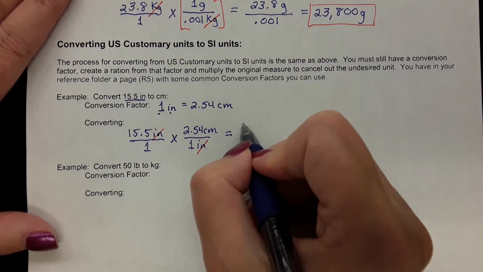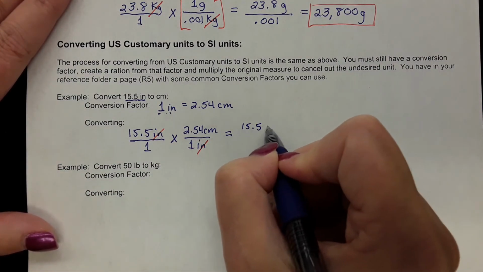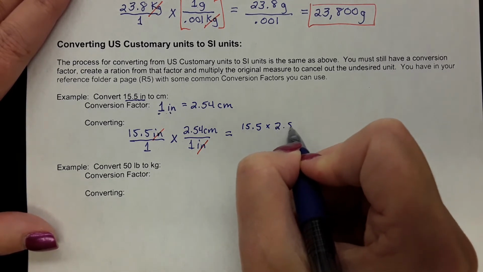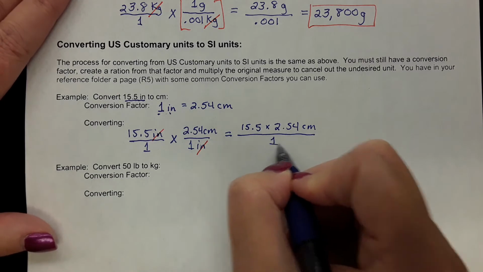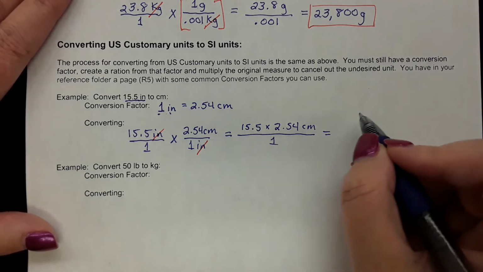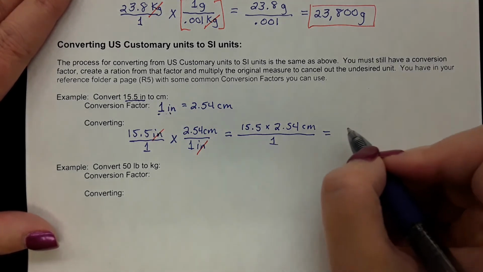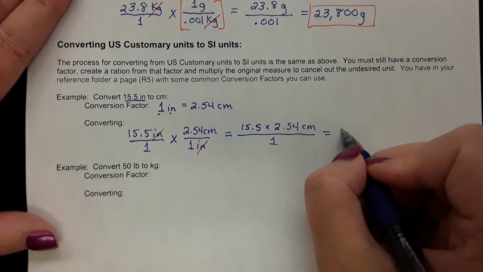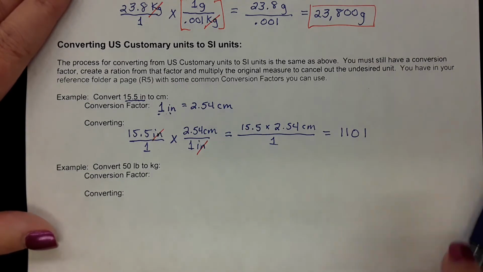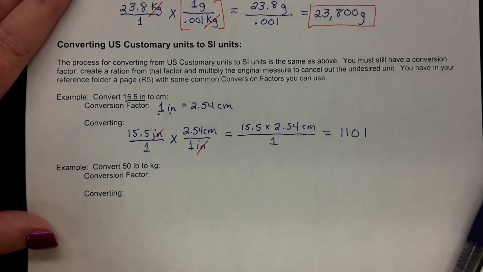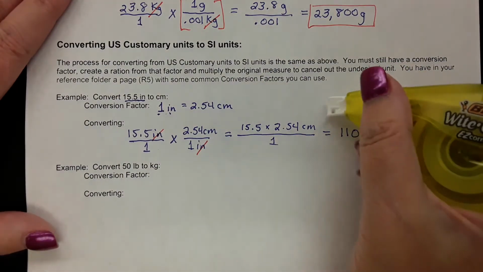Okay, and we're going to multiply 15.5 times 2.54 centimeters over 1. And when you multiply that out, because any number divided by 1 is itself, so really all you have to do is the multiply, you get 110. Wrong example. Let me fix that, guys.